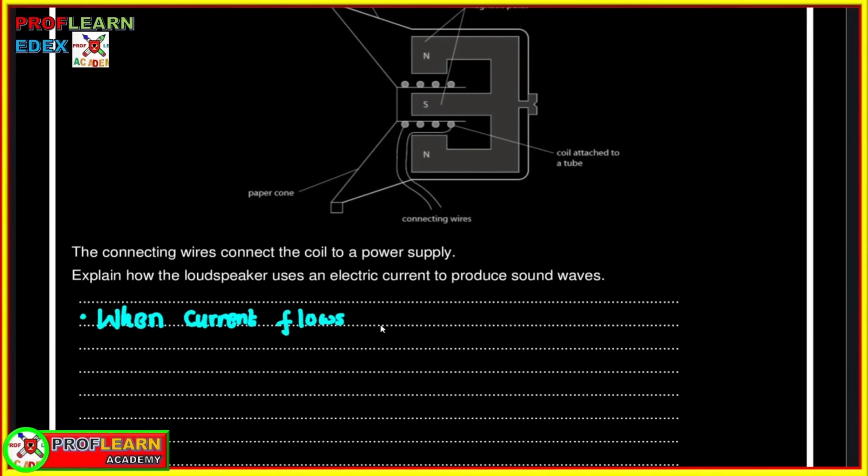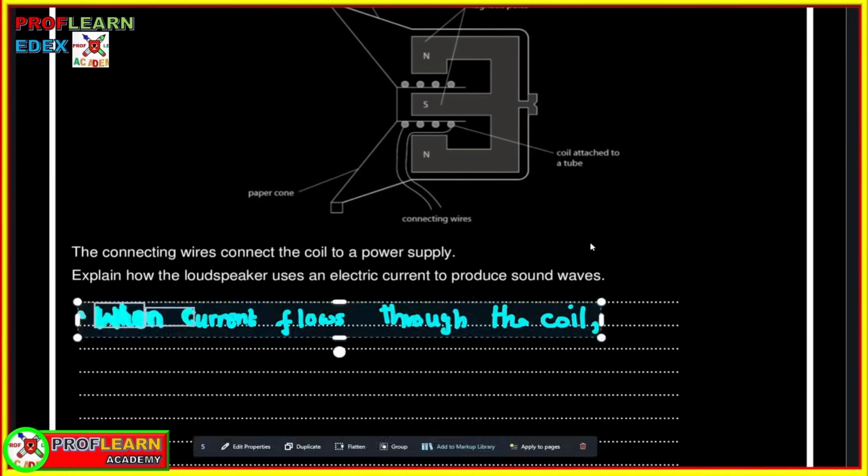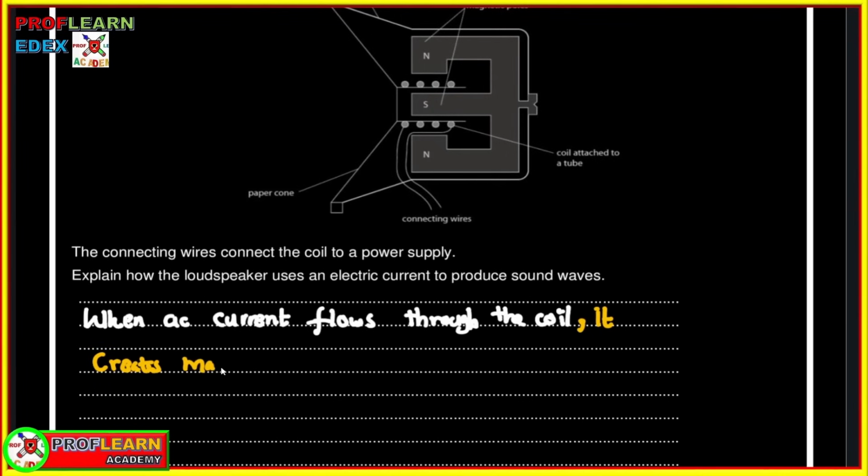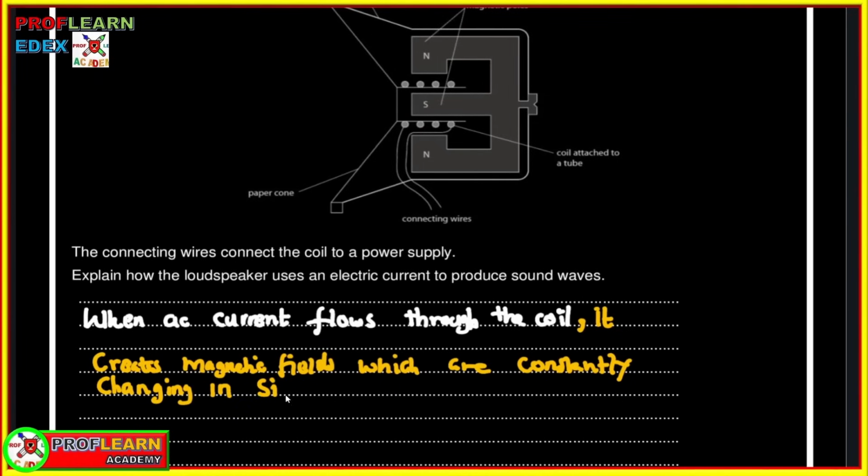So we're going to say, when current flows through the coil, and the current that we're talking about is AC current, it creates magnetic fields which are constantly changing in size and direction.